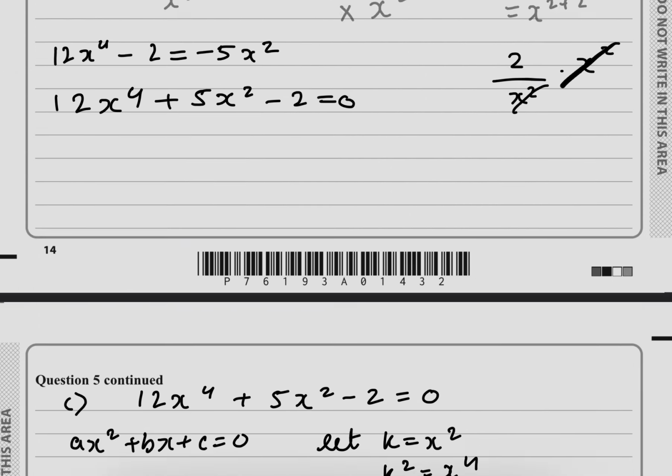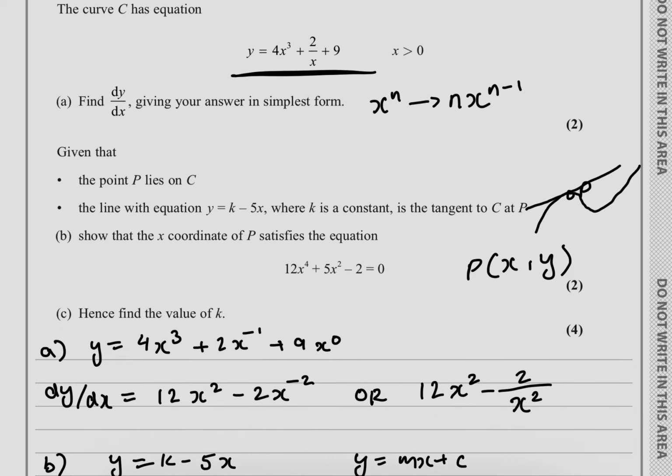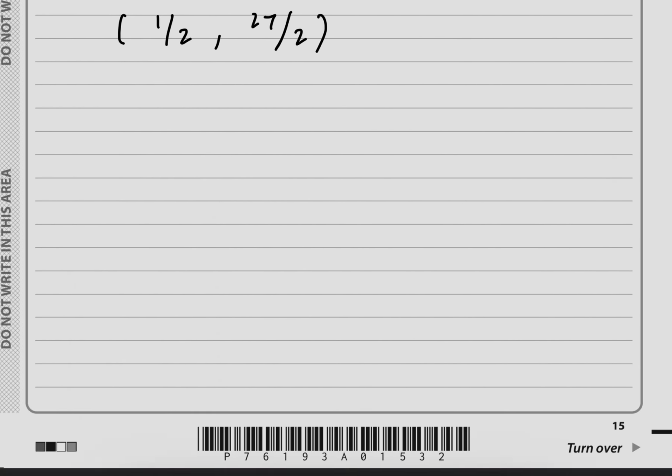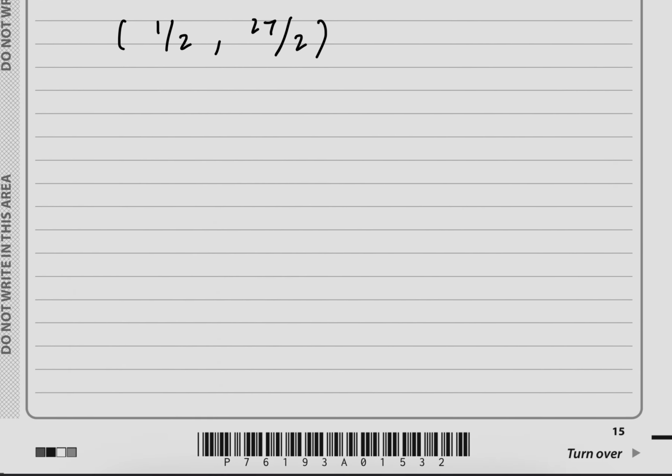So we are solving for our k, and you are using both equations because, look, the tangent and the curve share this point in common. P is common in both, so you can use both. So the line with equation, we're solving for k. If y is equal to k minus 5x, that means that y plus 5x should give us k.